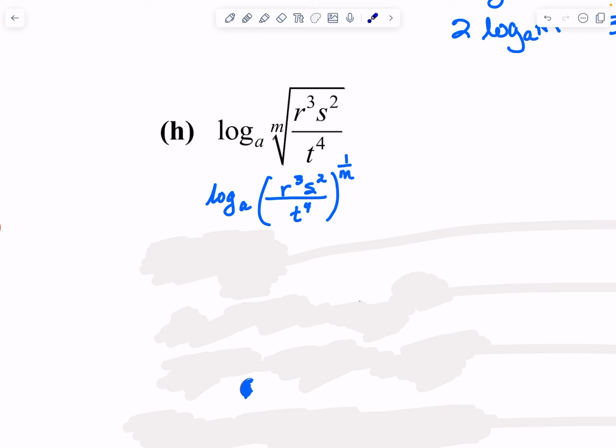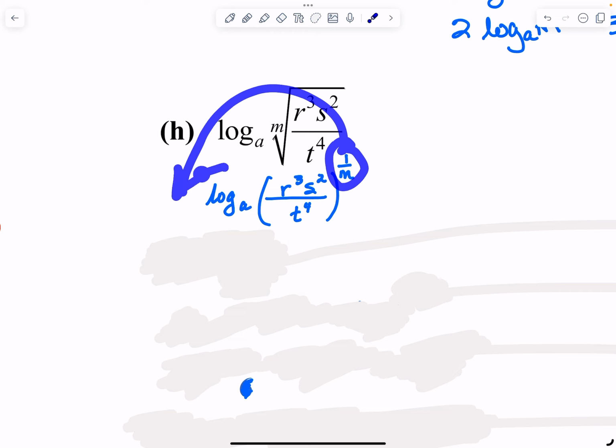Now there's multiple ways that you could work this problem. You could bring this guy out front at the very beginning and then have just a parentheses the whole way and not deal with fractions until the very, very end. But I did it a little different this time.